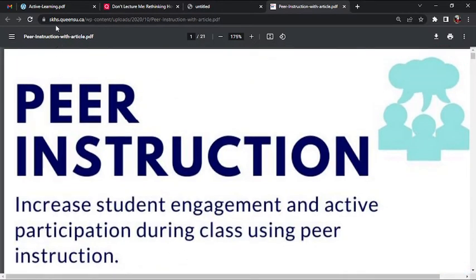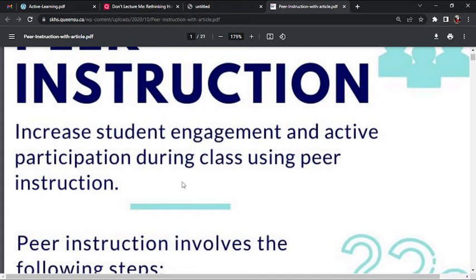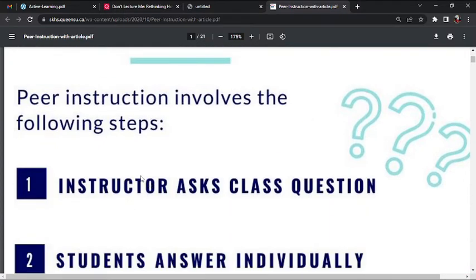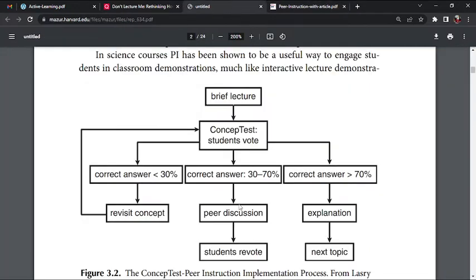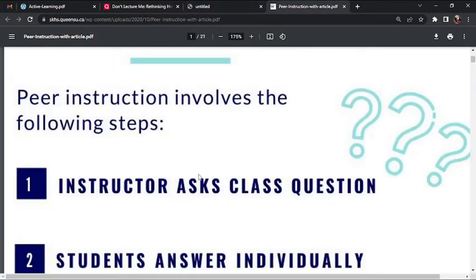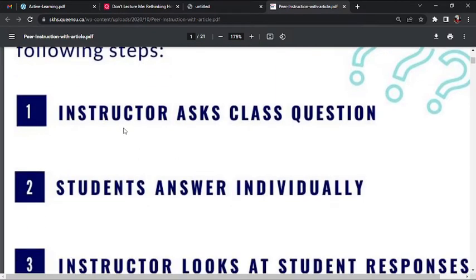This is from skhs.queensu.ca. Again, you will have the links in the description below. So peer instruction involves these steps, and these are the steps that we have just looked at in this pictorial. Now, it says instructor asks class question.